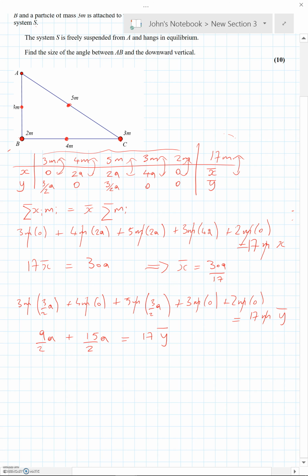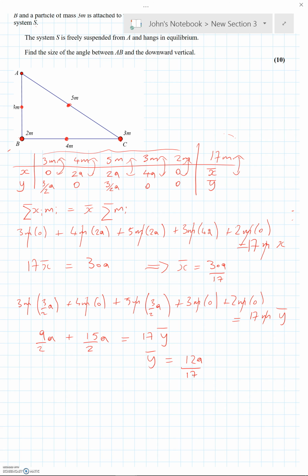So then we find that y bar is equal to 9a, these two added together come to 24 over 2a, so it's 12a, divided by 17. Okay, so now we've got the centre of mass, we can think about the angles.